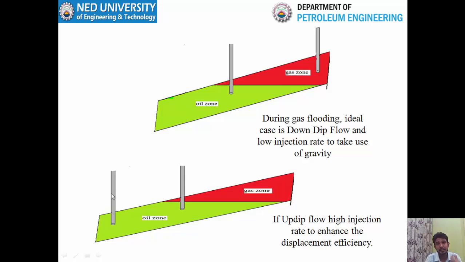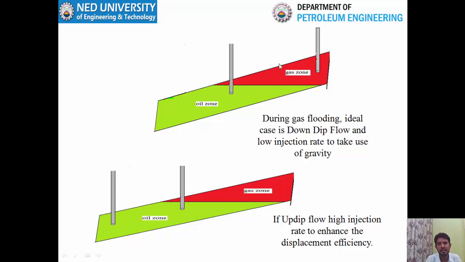So in that case, if you are injecting gas in the up dip flow condition, you will inject gas at a higher rate to force oil towards the production well. So this is the second thing you can do if you have the up dip flow.